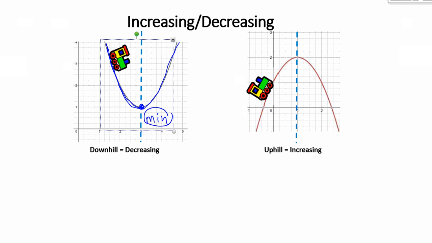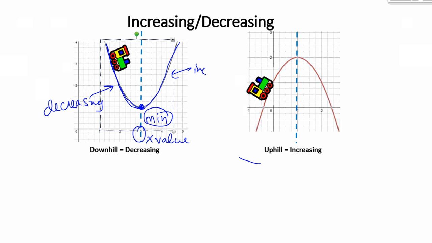The x value at this minimum, that's the changing point. So if you picture the choo-choo going downhill, that's a decreasing portion. And then it changes directions, and directly after that will be an increasing portion. So this is decreasing. This is increasing.